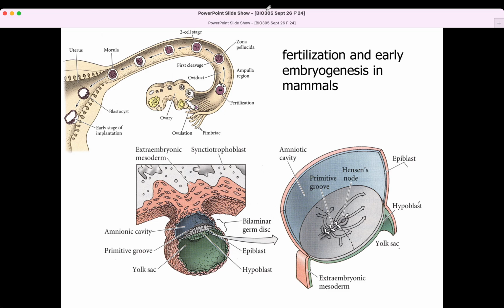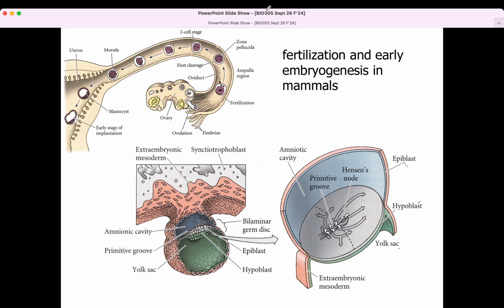So this is mammalian fertilization and reproduction. So there's the ovary, there's the fallopian tube, there's the uterus. And the female ovulates an egg, and it's moving down the fallopian tube, and it's in this region where it will get fertilized. Our example will be a human.